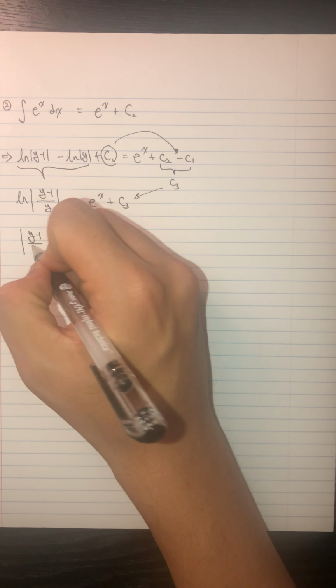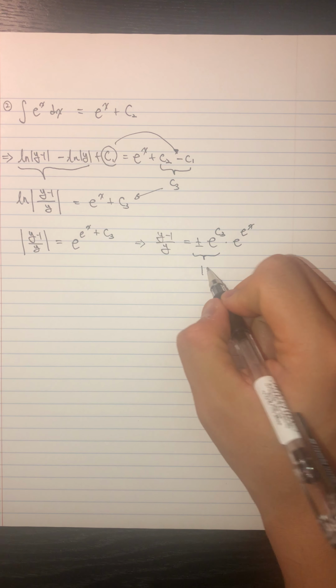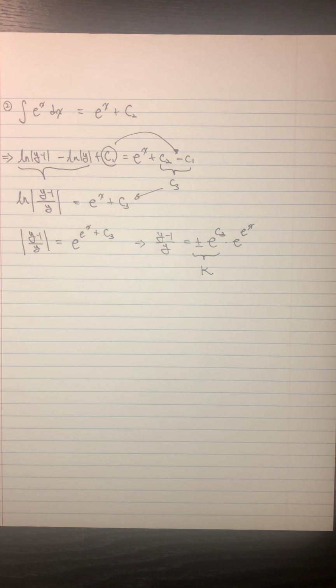So (y minus 1) over y equal to plus or minus e to the c3 multiply exponential x. Now we can call this constant k, so k multiply exponential x.